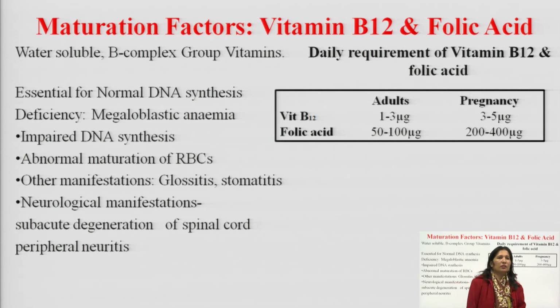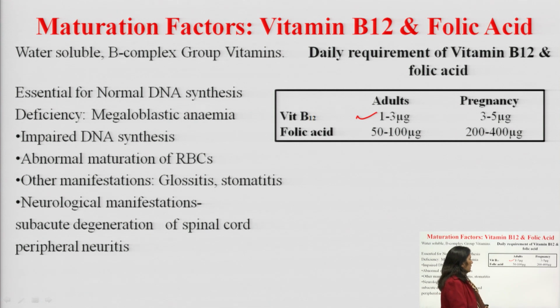The daily requirement of vitamin B12 in adults is 1 to 3 microgram, and during pregnancy the requirement is increased, so it is 3 to 5 microgram. Folic acid is 50 to 100 microgram in adults, and during pregnancy it is increased to 200 to 400 microgram.